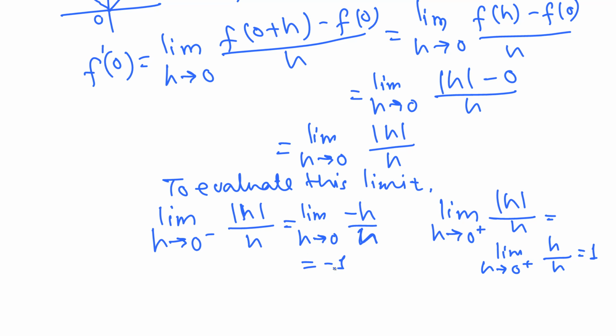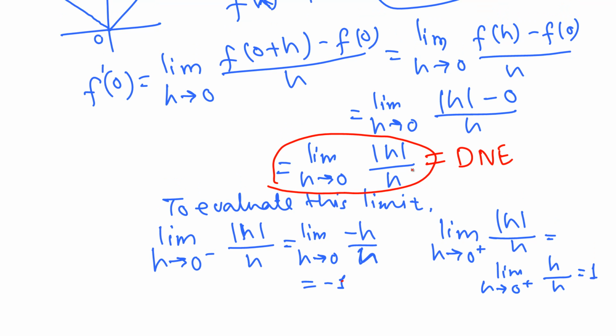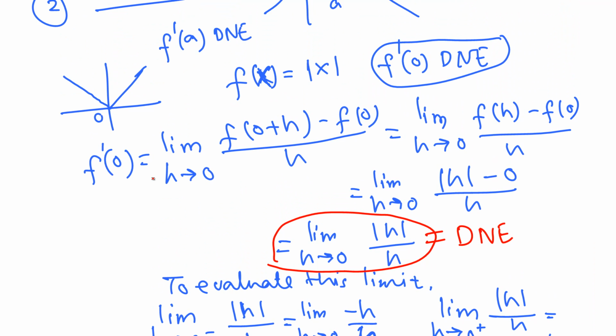So the left hand limit is negative 1 and the right hand limit is 1. That means this limit does not exist, because we looked from both sides and they are different. This limit does not exist, which means from the definition we don't have a derivative at 0.